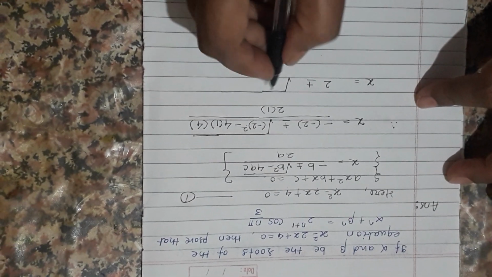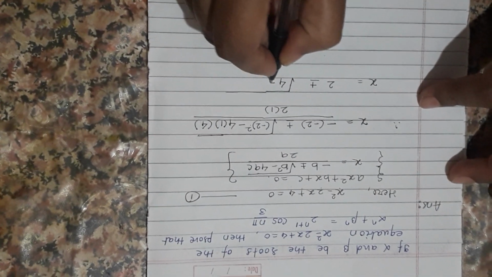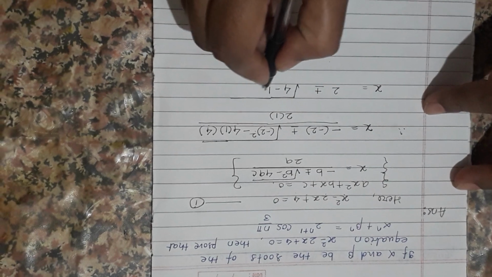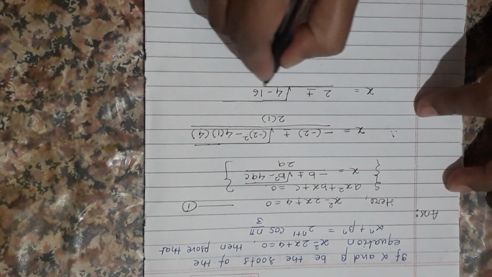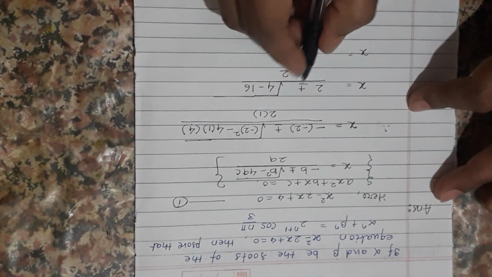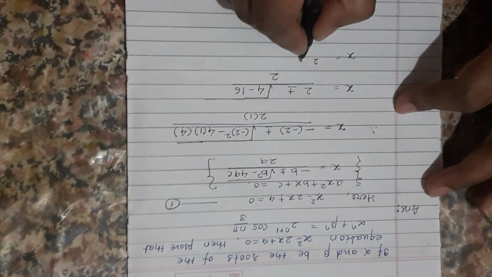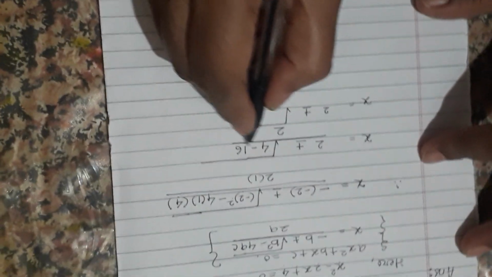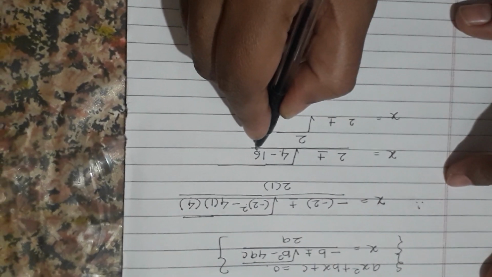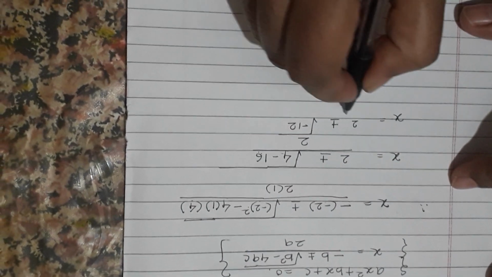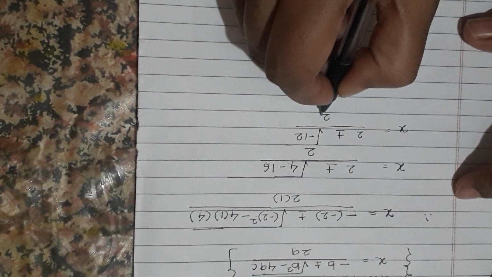minus 2 square becomes 4, 4 minus 4 into 4, 16, in the denominator there is a 2. We get x equals 2 plus minus under root of 4 minus 16, which gives minus 12, upon 2.